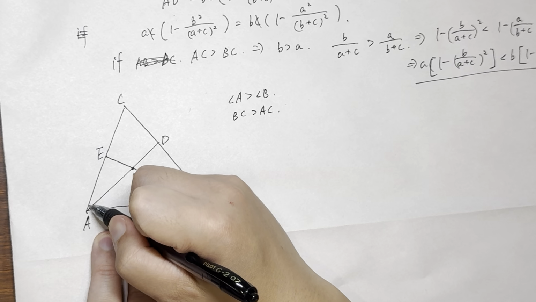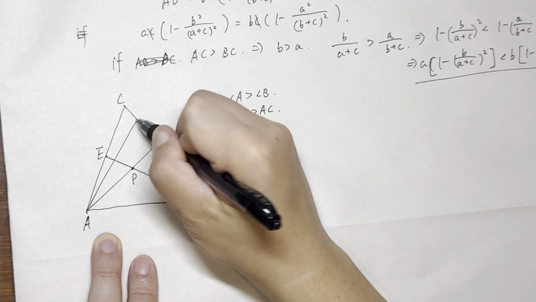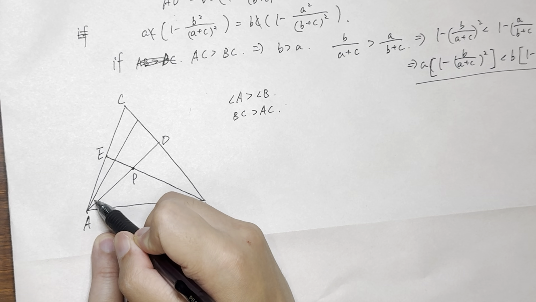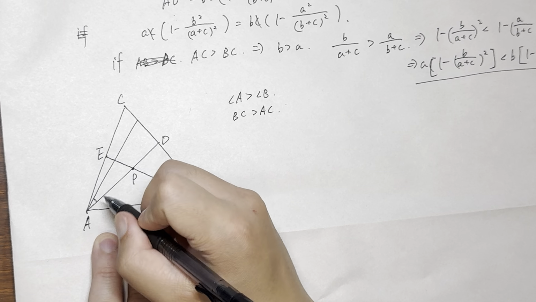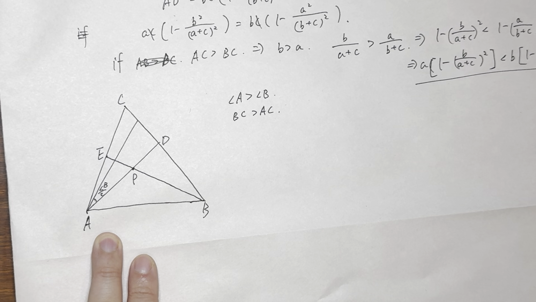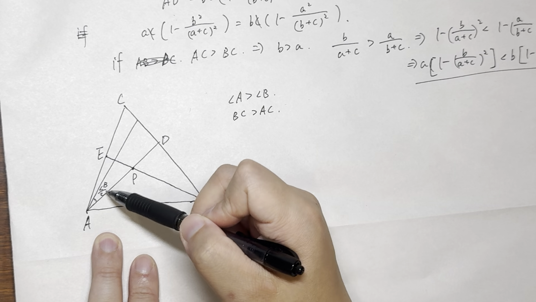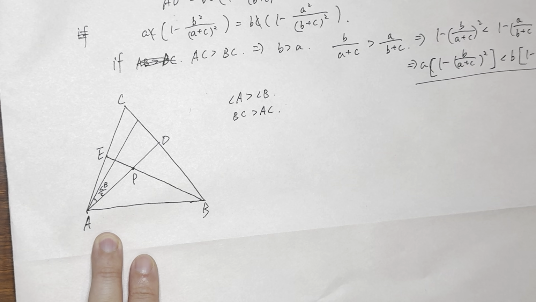So we can find this angle. We set it as half of angle B. We know that half of angle A is larger than half of angle B, so we can find this half of angle B here.